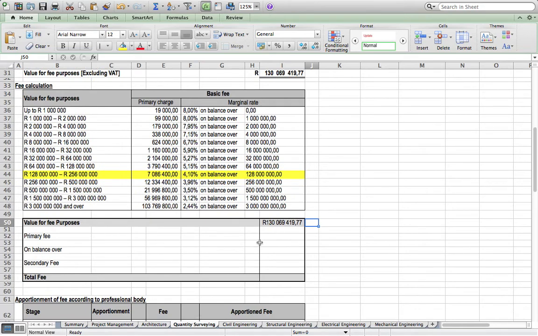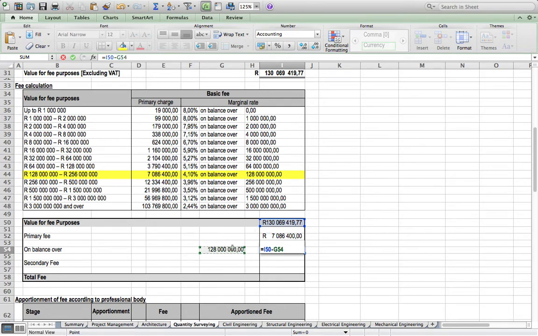And then we'll say what is our primary fee. The primary fee is there, 7 million. We'll say what is the balance over. Our balance over is 128 million. So to get this amount, we take the value for fee purposes less that, which gives us the difference over the balance, which we then multiply by the marginal rate of 4.1%.